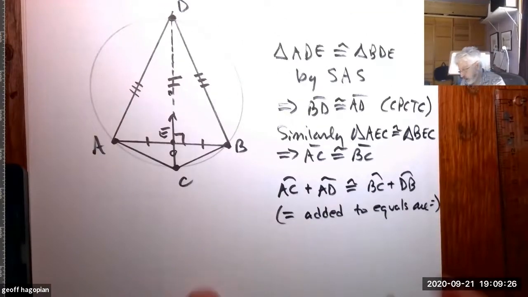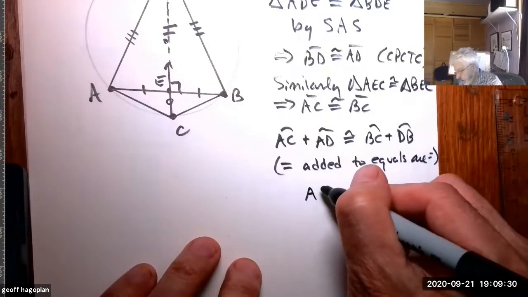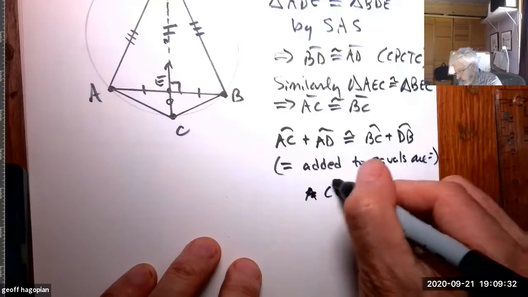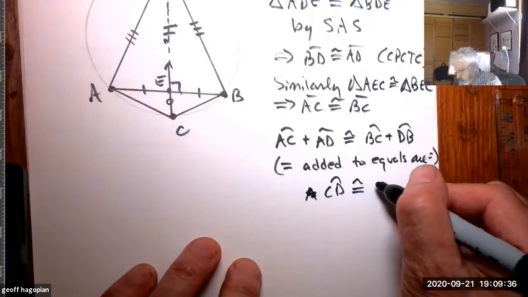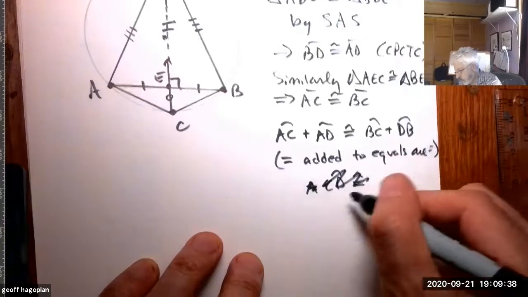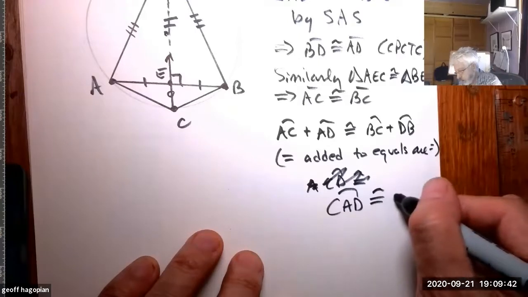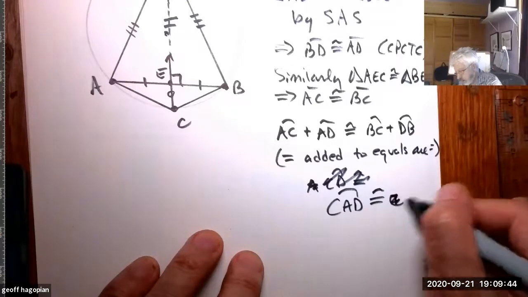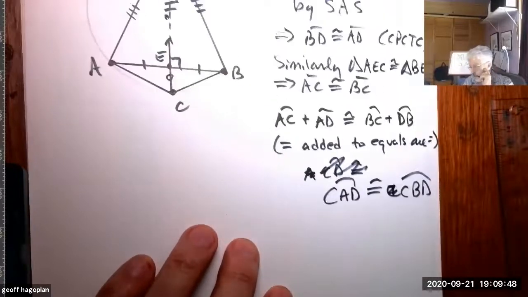But that says that arc CAD is congruent to arc CBD, and so they must be half.